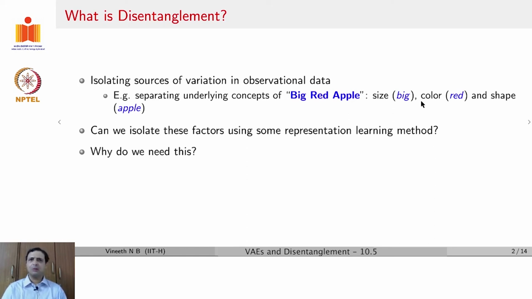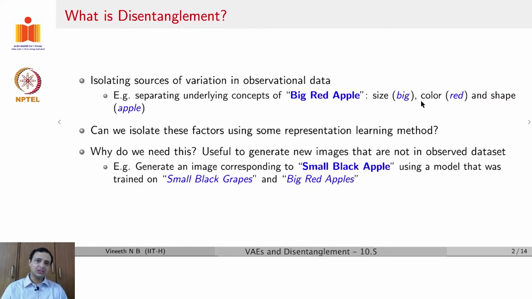Why do we need such an approach? If we could disentangle the generative factors, it allows us to generate new images that may not be in an observed dataset. If your training dataset had images of small black grapes and big red apples, can we generate an image corresponding to a small black apple?